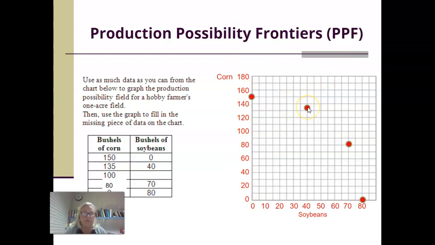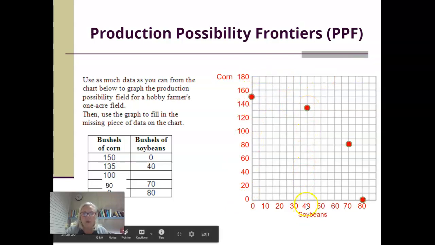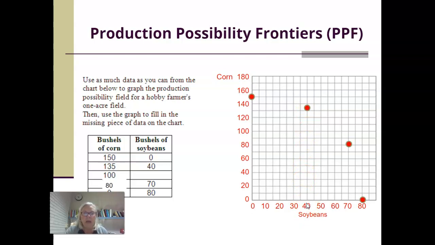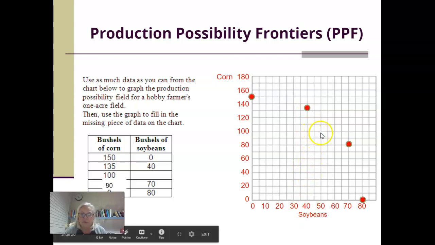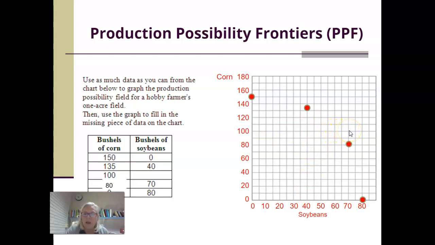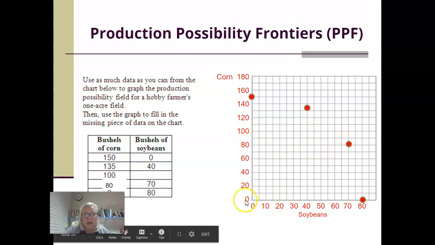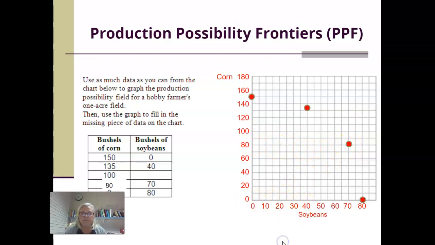At 135 bushels of corn, we have 40 bushels of soybeans. At 100 bushels of corn, right about here, how many bushels of soybeans would you expect that we have? And we'll look at how to do that in a second. At 80, we have 70, and at 0, we have 80.